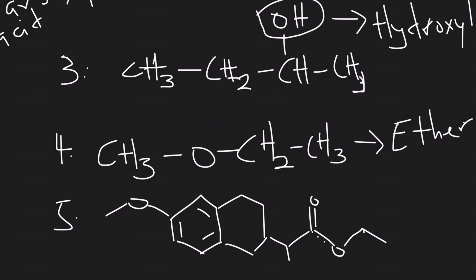So here we have this beautiful structure, and you can see that there is an occurrence of an ether again. And on the other hand, we have what? A double bonded O, an oxygen, and another substituent attached to it. That reminds you of what? An ester.